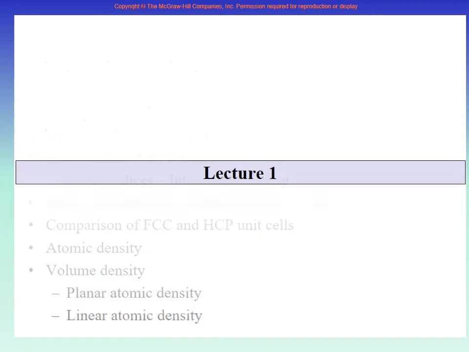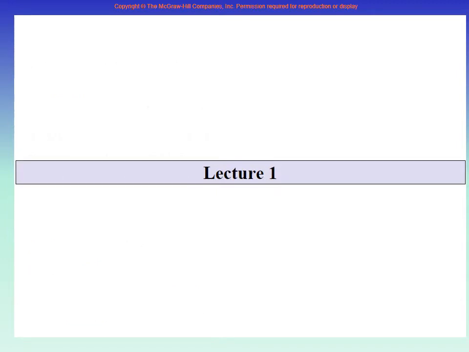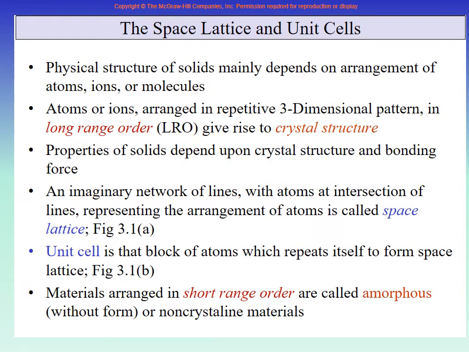We will see it. So let us quickly see what you did in lecture 1, and please pay attention so that you are totally connected with today's lecture in connection with the last. We talked of the space lattice, long range order of crystal structure, right? Short range order, amorphous materials which are non-crystalline.